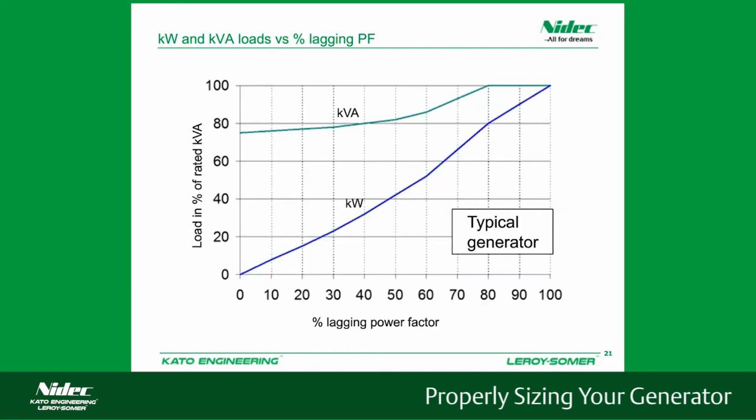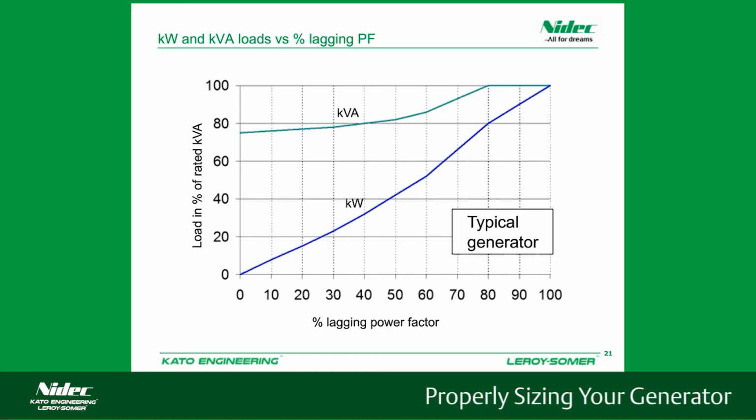Here we have another way of looking at that. Here we're just on the lagging, or the top half, of the last slide. You can see our kVA is at 100% down to 0.8 power factor. So we have 100% of our kVA, and then it becomes again limited as we go down in our power factor, becomes limited by that rotor heating, and then our kW is just the power factor times that kVA.